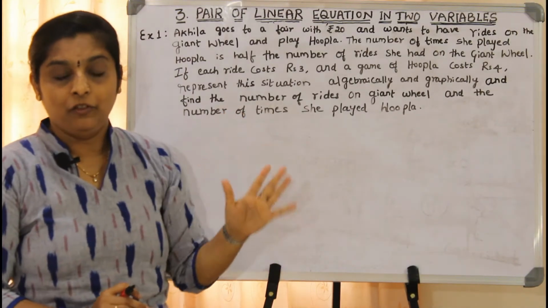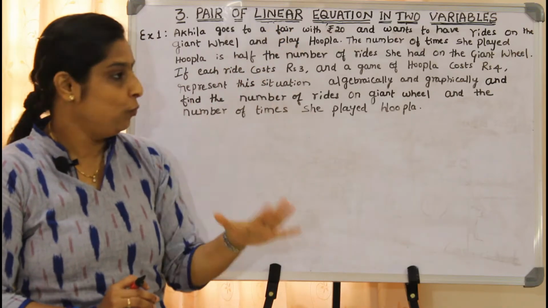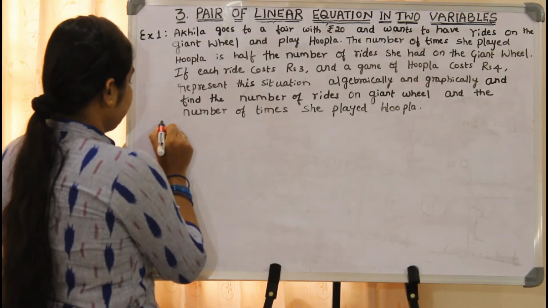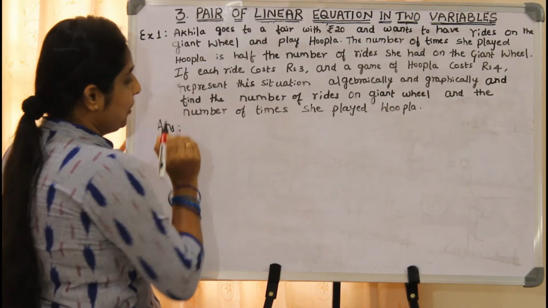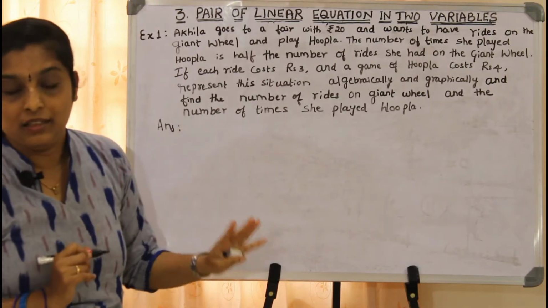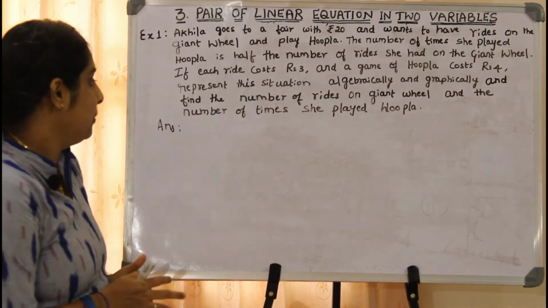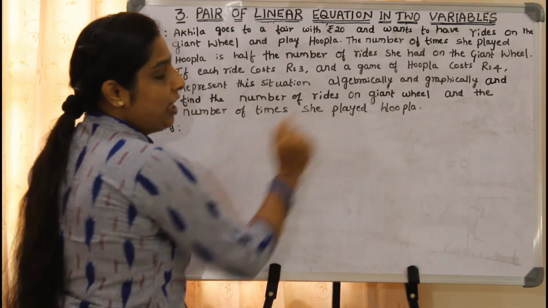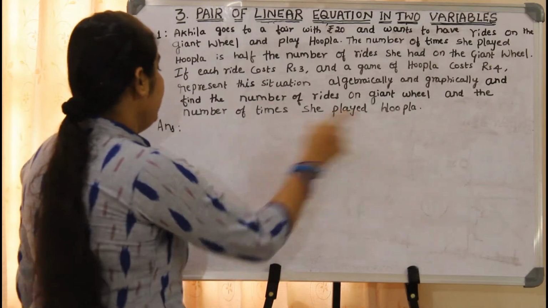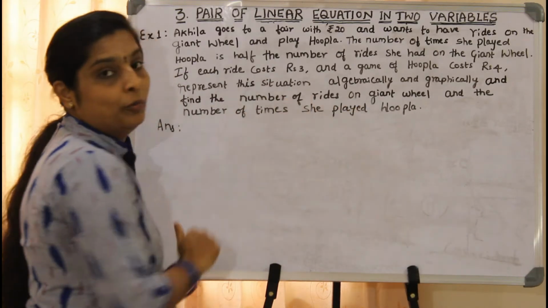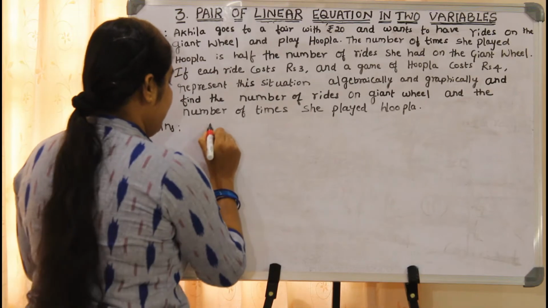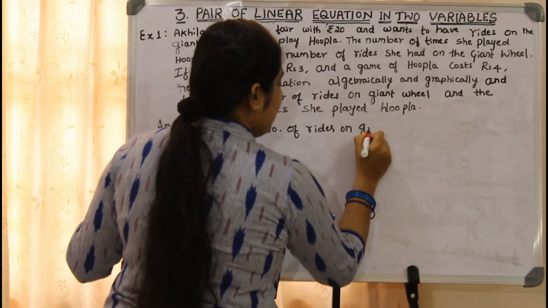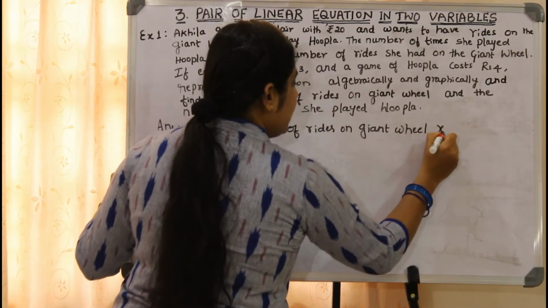So now first we have to represent this algebraically. Okay. So solution. First let us express this in the form of equation, that is in the form of algebra. Let us start from here. Let the number of rides on the giant wheel be x.